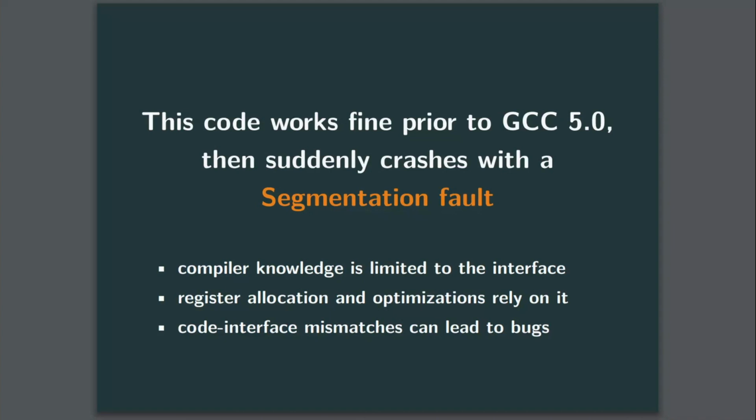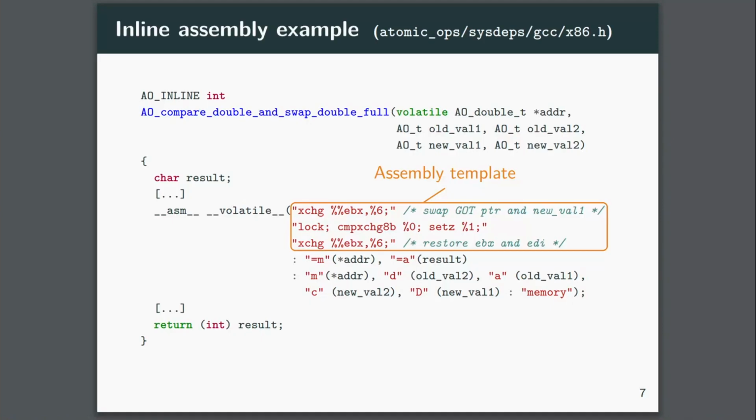For example, it will allocate a register or make optimizations on the values the assembly works on. If there is any mismatch between the interface of the C and the assembly, it can lead to bugs.